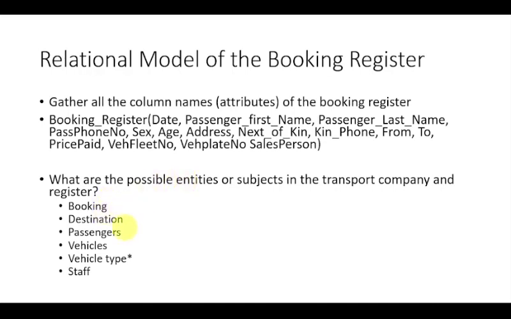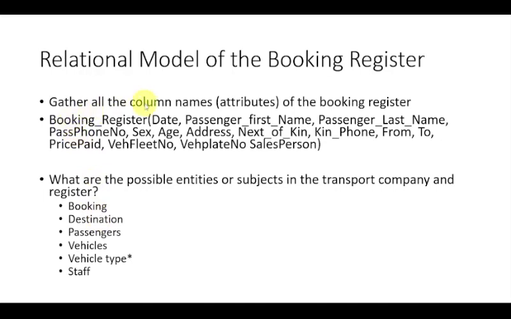One of them is that there will definitely be passengers, there will definitely be a destination for the transport to go to, there will definitely be vehicles, and definitely there will be staff that will handle the booking. These are possible entities in the database that we're going to design.